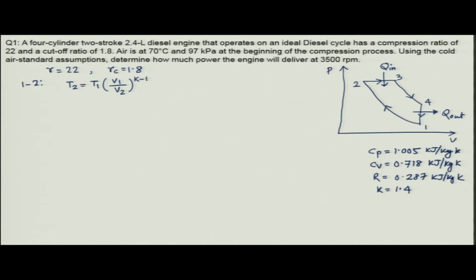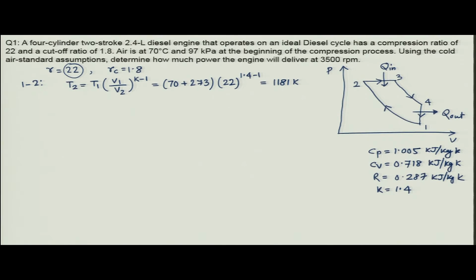Now, V1 by V2 is nothing but this 22, and T1 is 70 degree centigrade, which is 70 plus 273, so 343 Kelvin, and V1 upon V2 is 22 to the power of 1.4 minus 1. So, we can find T2 as 1181 Kelvin. That is the temperature after the compression stroke.